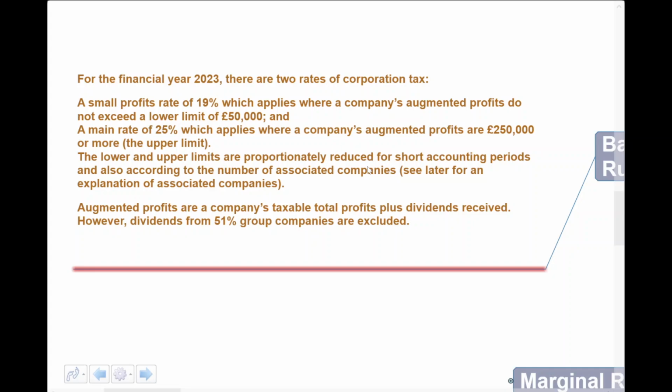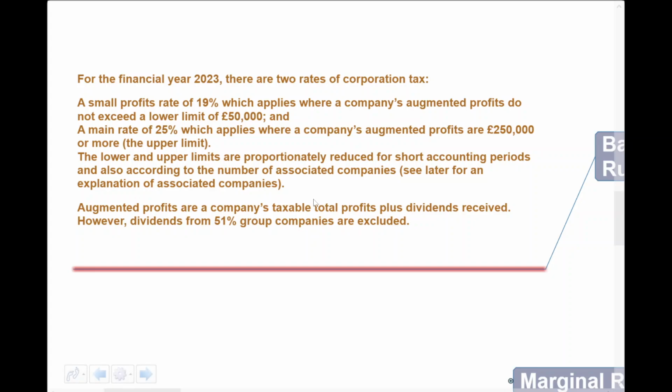But someone tells them, hold on a minute, there's 2 companies associated with you. That means you've got to reduce the limit, which means they could be into a higher rate. Do you see my point? Okay, so this area is a little bit complicated to understand right now, but let's just make a note: the UL and the LL do get messed with. There's two things that mess with them.